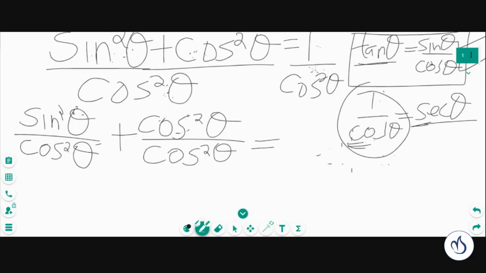So if I have 1 over cos squared theta, it is going to be sec squared theta.